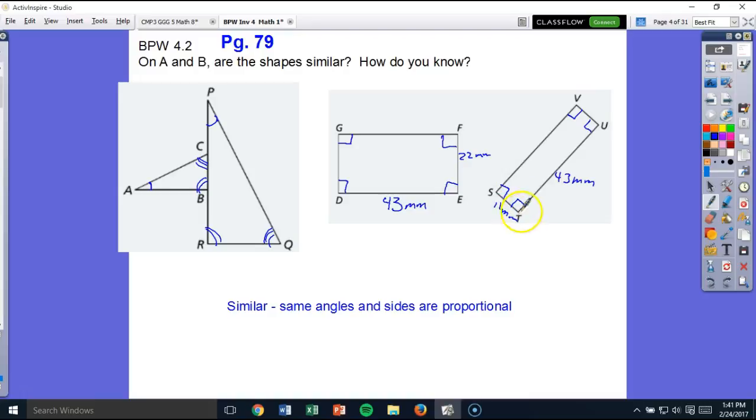Also, if we measure length TU, it is also 43 millimeters long. So our angles are the same, and our side lengths are similar. In fact, they're the same on the one side. On the other side, EF is 22 millimeters, and we would measure and see that TS is 11 millimeters.